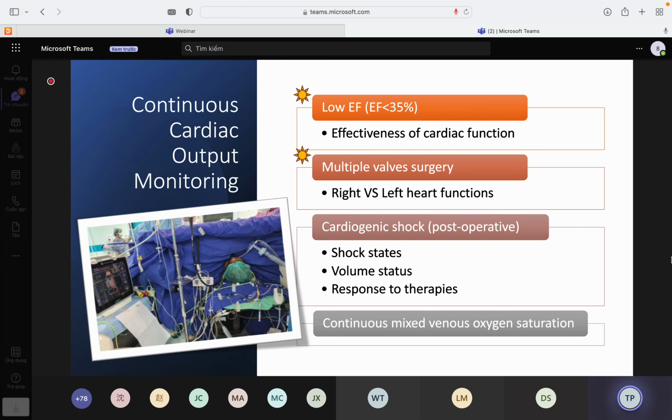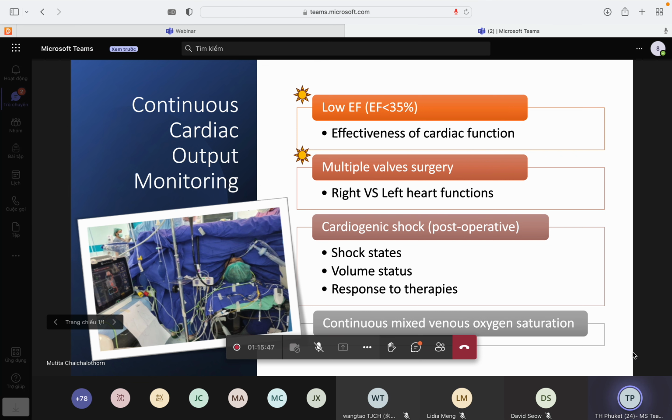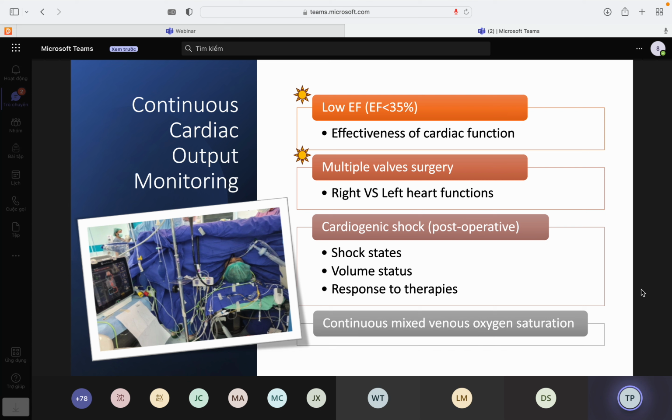In our center, I work as a cardiac anesthesiologist at King Chulalongkorn Memorial Hospital in Thailand. We mainly use continuous cardiac output monitoring intraoperatively and often continue the monitoring in postoperative care.